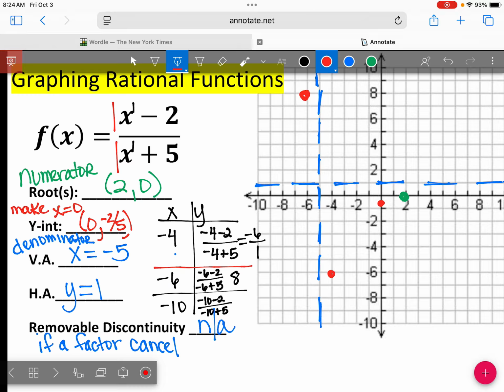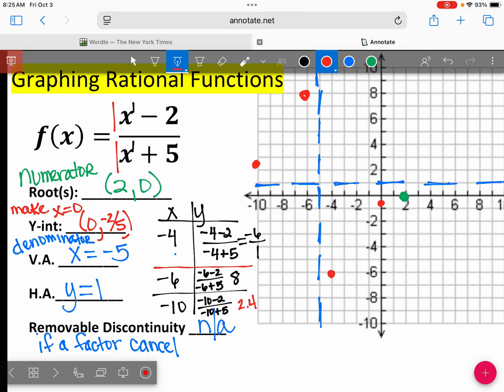So -10 minus 2 is -12. -12 divided by -5 is a positive, what, 2 point something? 2.4? We just know it's positive. So let's do the best we can to approximate that. It's 2.4? Okay. So then we're going to go to -10. We're going to go up 1, 2, and just a little bit.